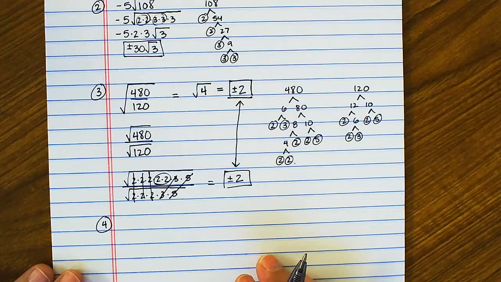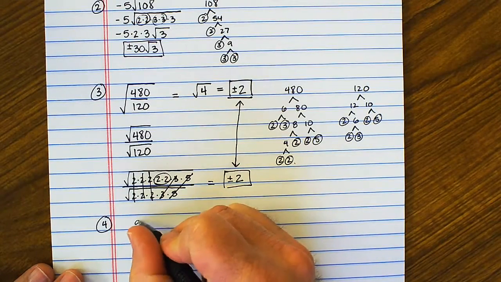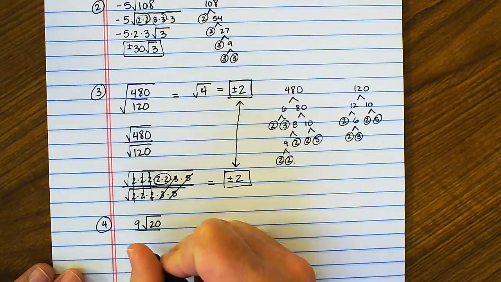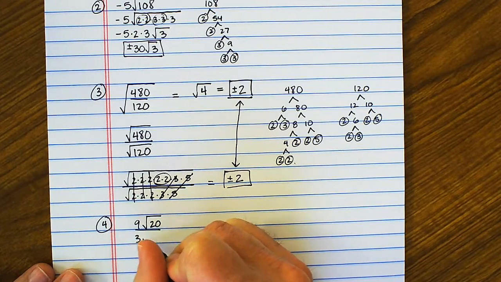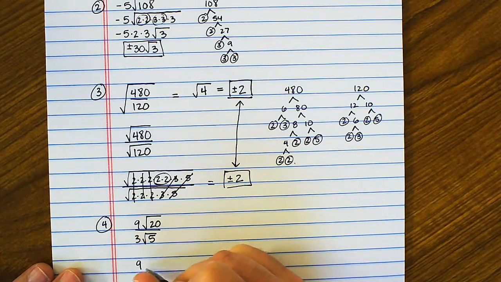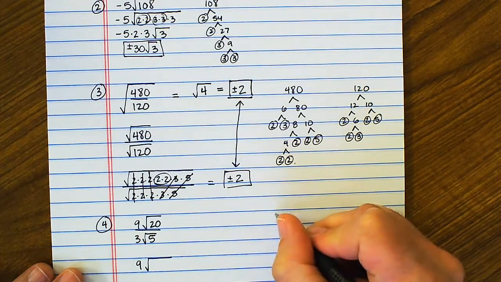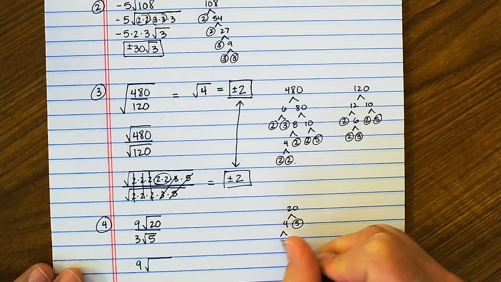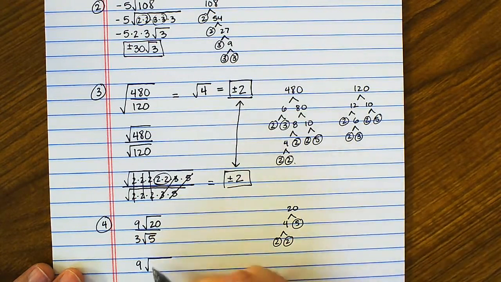Number 4, I've got 9 radical 20 over 3 radical 5. If I break that down, 20, I'll go to the side here, is 4 times 5. 5 is prime, 2 times 2. So I get 2 times 2 times 5 over 3 radical 5.